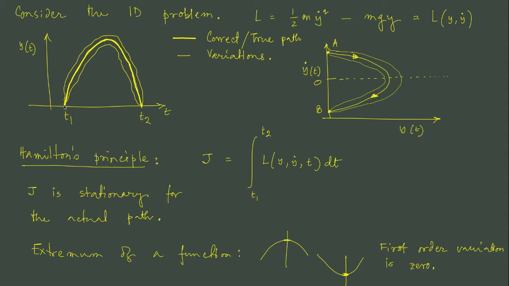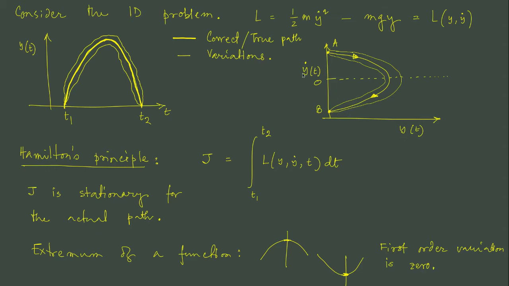The question essentially is: if the particle starts at T1 from a particular point and ends up at T2 at another point, what path should it take? Are there different possibilities, or is there only one path that it has to adopt? So, we ask this question.